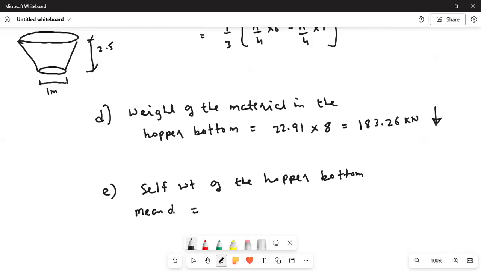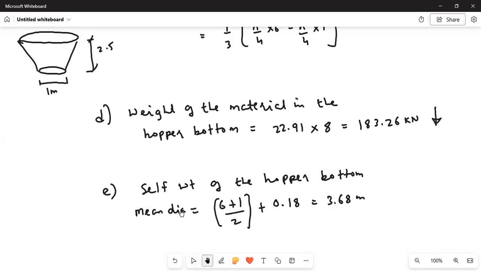Mean diameter: 6 plus 1 divided by 2. 6 is the upper portion diameter. 1 meter is the downward portion diameter of the hopper bottom, plus thickness of the hopper bottom. Since you are finding the effective mean diameter, you also have to consider thickness of the hopper bottom, and this is coming as 3.68 meters.